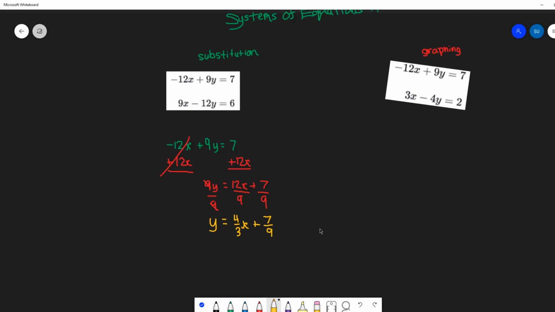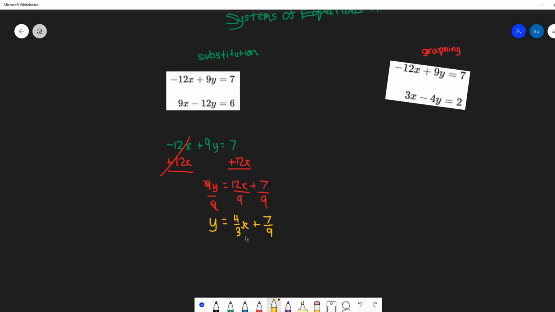So now we have the modified equation, y equals 4/3 x plus 7/9. You'll also notice that this is in slope-intercept form. So when you're trying to find the value of the y variable, you're going to have something that looks like slope-intercept form.